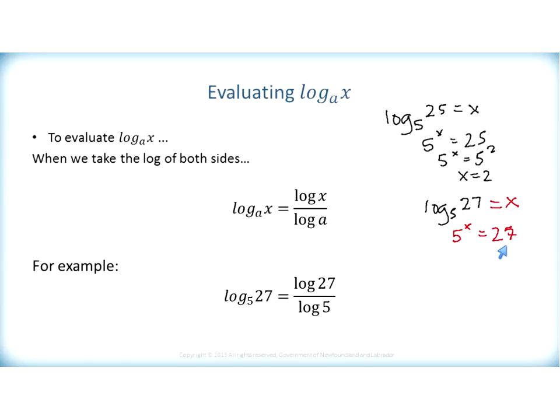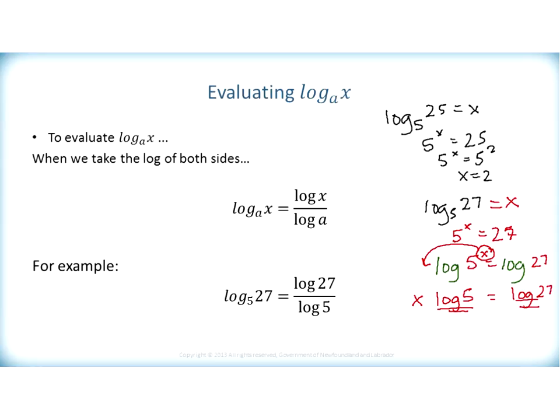So to evaluate this, we take the log of both sides of the equation. So log of 5 to the x would equal log 27. And this log we can evaluate on the calculator. We would move the exponent in front using the power law, giving us x log 5, which we can evaluate on the calculator, equal to log 27.